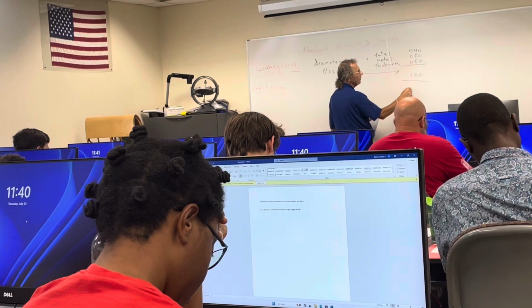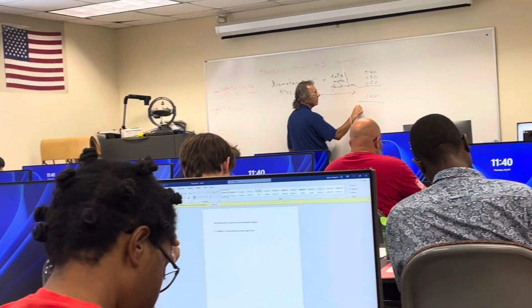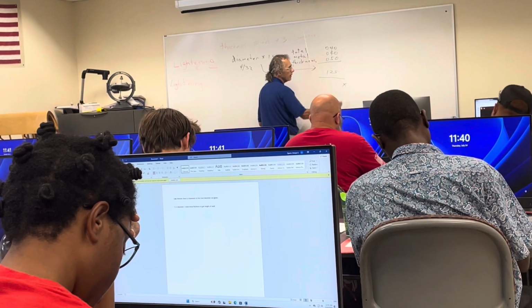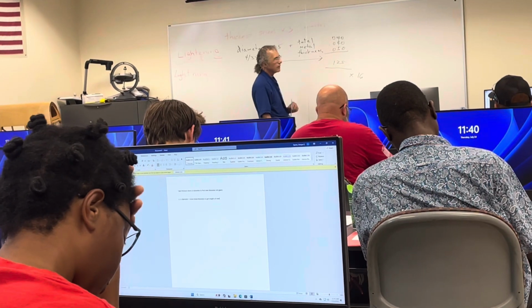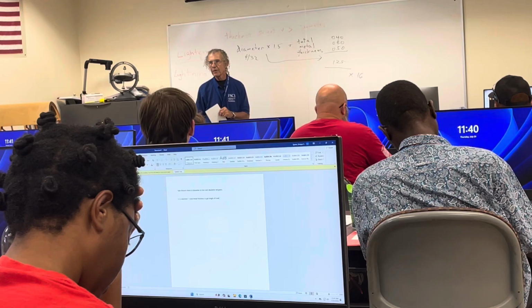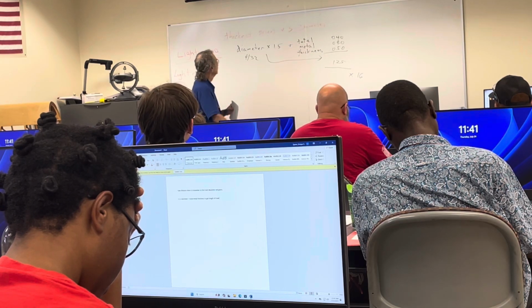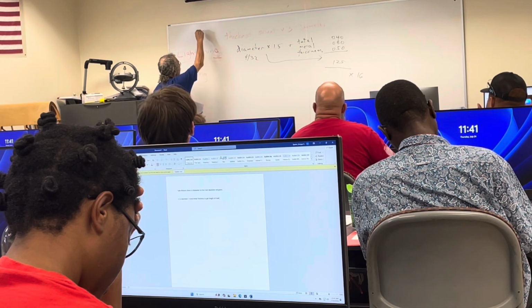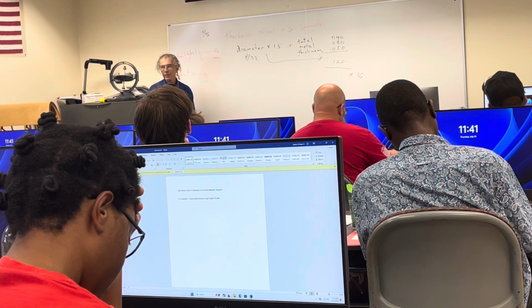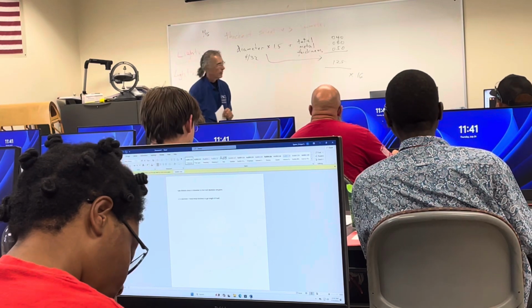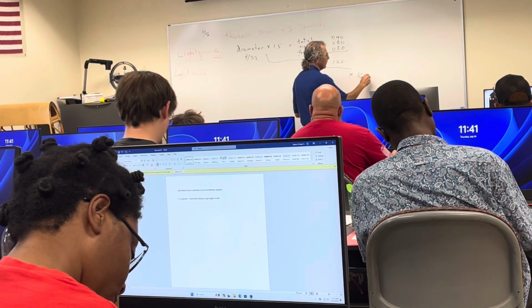Then do what with that? Take it times 16, because the rivet lengths are in 16ths. And then round it.